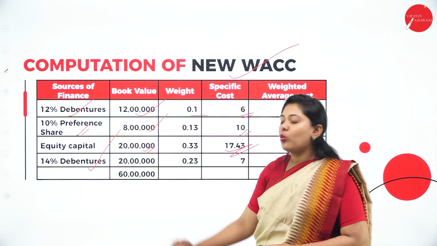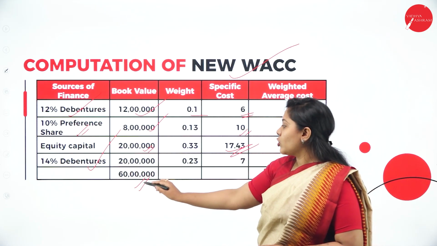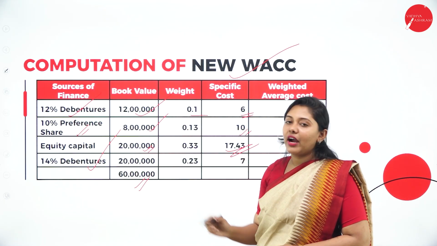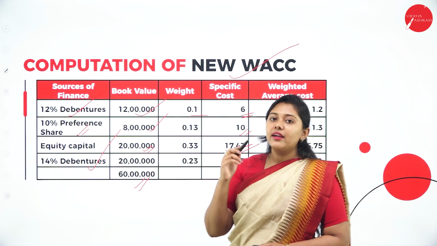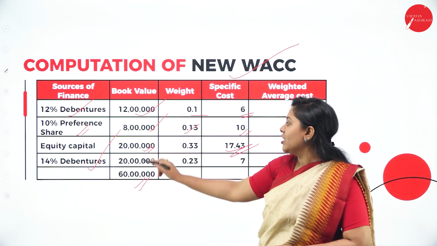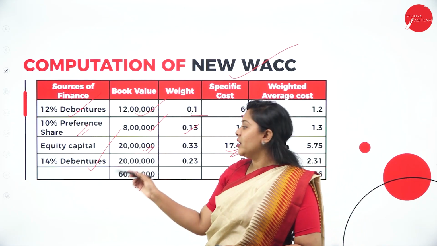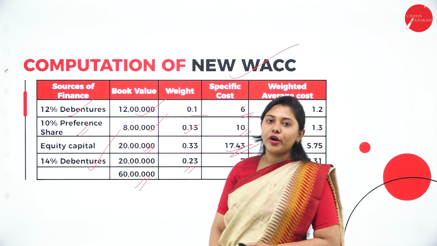So your new total book value will be 60 lakh. So compute the weight, 12 lakh divided by 60 lakh, 0.2. 8 lakh divided by 60 lakh, the value will be 0.13. 20 lakh divided by 60 lakh, the value will be 0.33. Again 20 lakh divided by 60 lakh, the weight will be 0.33.